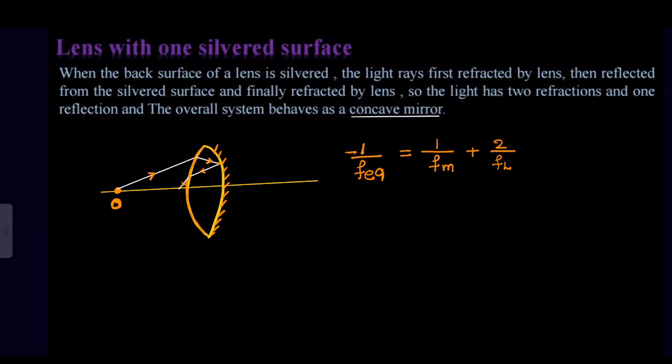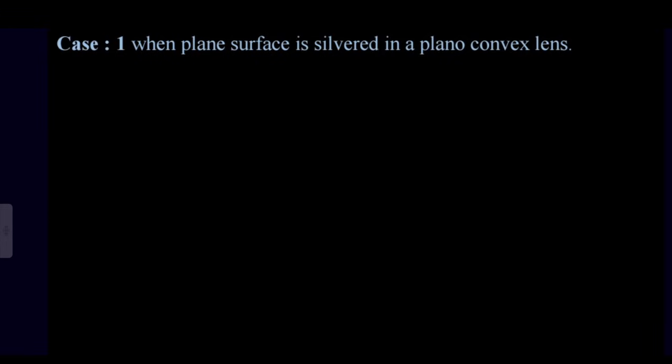Now, let's see some cases here. Look at now: when the plane surface is silvered in a plano-convex lens. So that means we have a plano-convex lens, and which surface is silvered here?